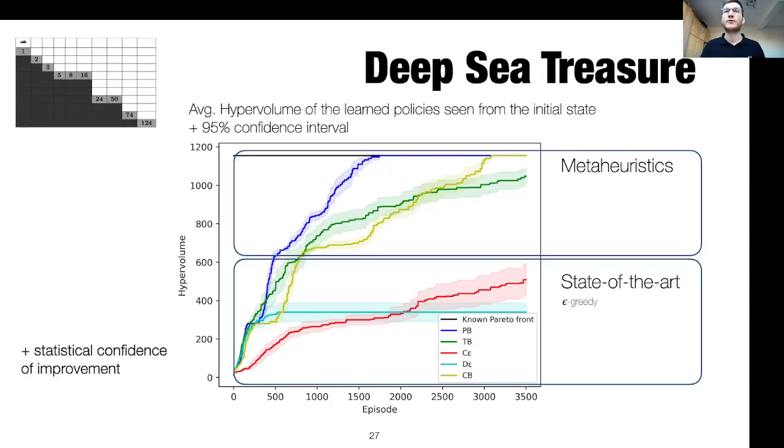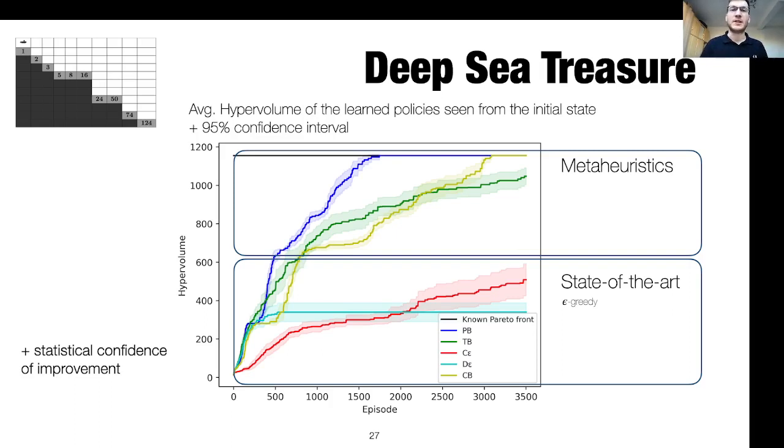Well, the results, so for the deep sea treasure, it's a no-brainer. The meta-heuristics are doing better for training than the current state-of-the-art epsilon greedy. Plus, we have statistical confidence of improvement. For example, you can see that the pheromones and the count-based are learning the full front, so they are learning all of the strategies in less than 3,000 episodes. Taboo-based is not able to retrieve all of them.